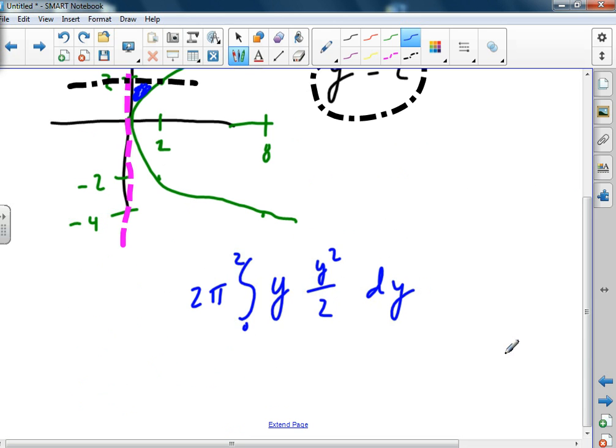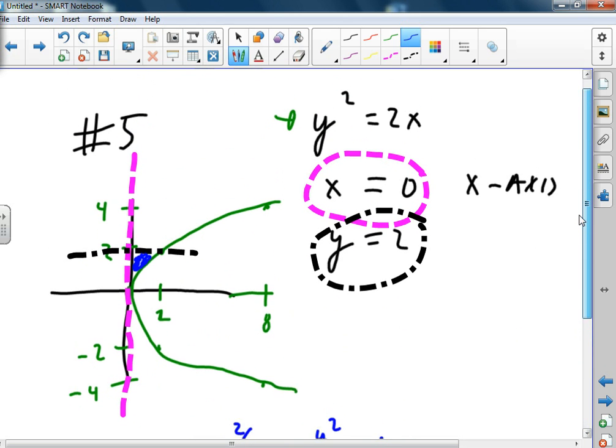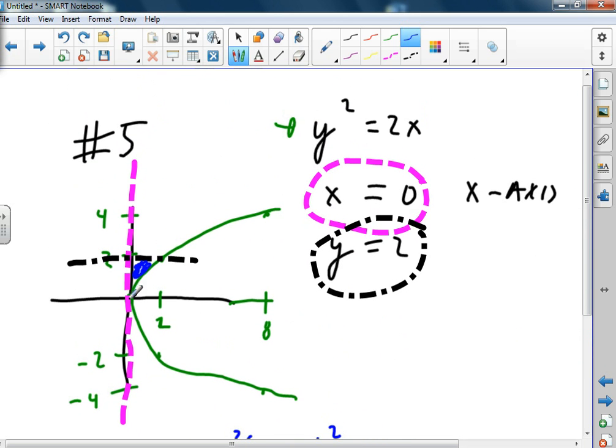Okay, so my radius is y, and my height is y squared over 2.